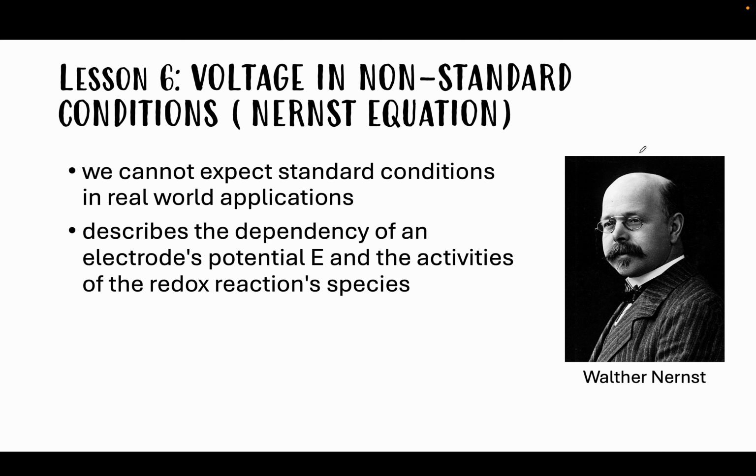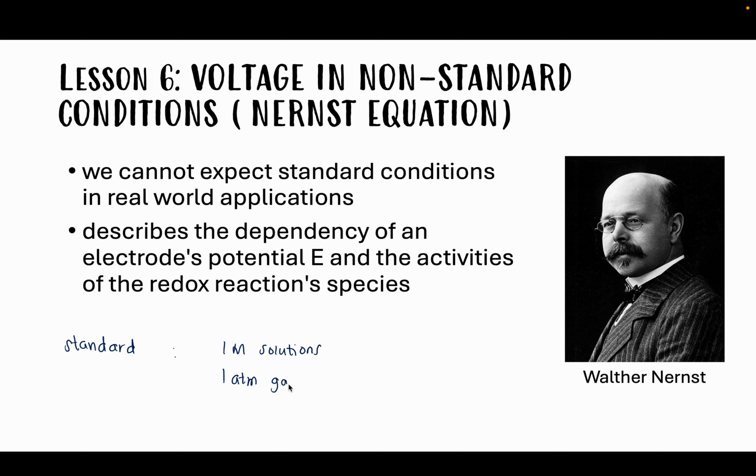Now, in the previous lesson, we considered measuring the voltage of a system, your electrochemical cell, in standard conditions. Previously, the conditions we considered were 1 molar concentration of solutions and gases at 1 atmosphere.